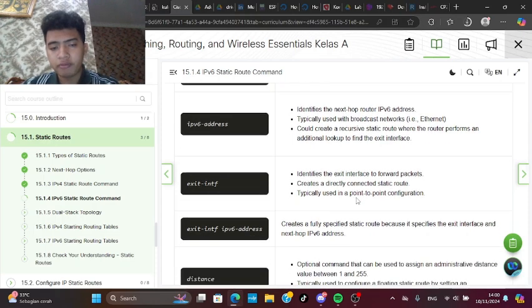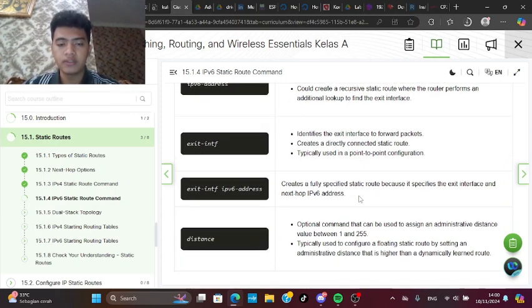Then we have the exit interface, which identifies the exit interface to forward the packets and creates a directly connected static route, typically used in a point-to-point configuration also. And then we have both the exit interface and the IP version 6 address, which creates a fully specified static route because it specifies the exit interface and the next hop IP version 6 address.